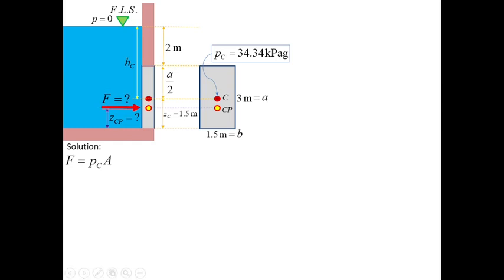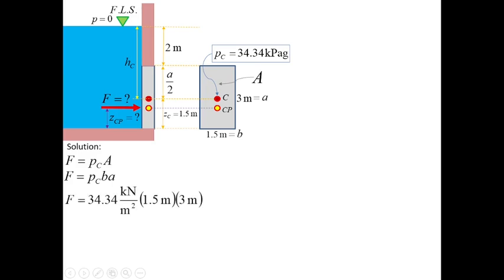The formula for the hydrostatic force is equal to the pressure at the centroid multiplied by the area of the rectangle, which is simply B times A, length times width.